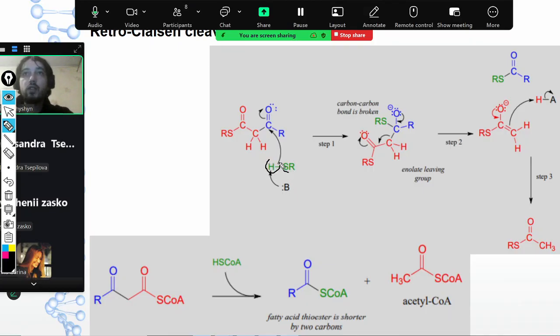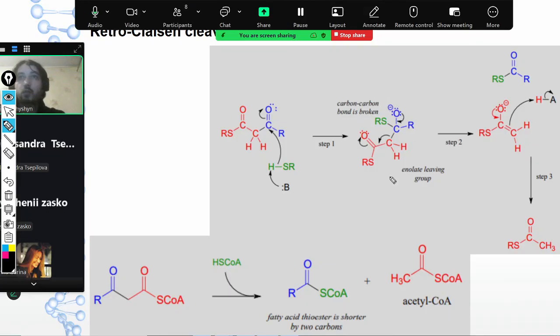This hydrogen is abstracted by some base, and these electrons may attack a carbon atom. So we have once more some nucleophilic attack. They attack this carbon atom. Electrons from this double bond go to the oxygen. Now oxygen acquires a certain negative charge.